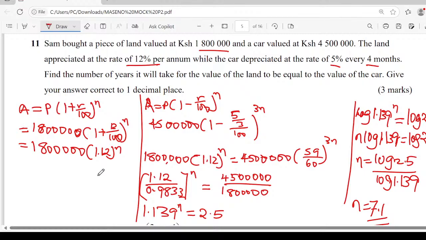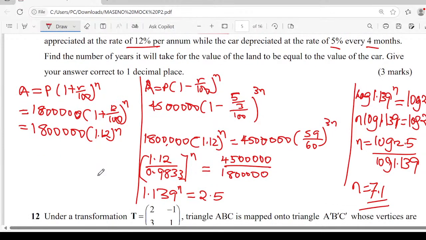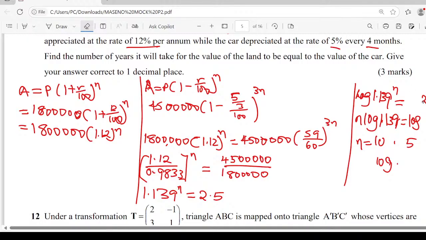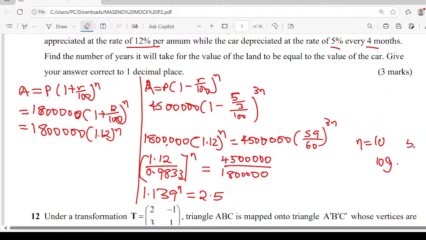There is a power I ignored, learners, and I omitted this 3 in my working. I want to make that correction.